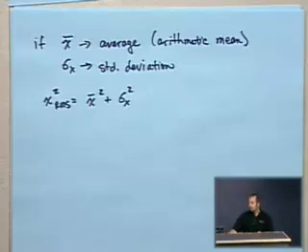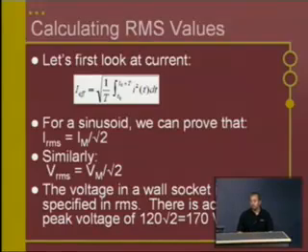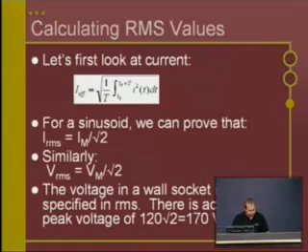A more effective way of calculating the RMS value is using this function, and you can see each chunk here. You do these almost in reverse order. So here's a current. That's what we're looking at. First we square it.